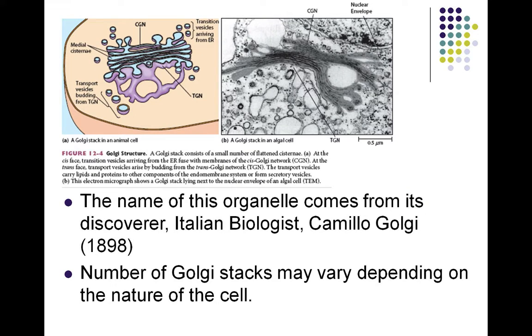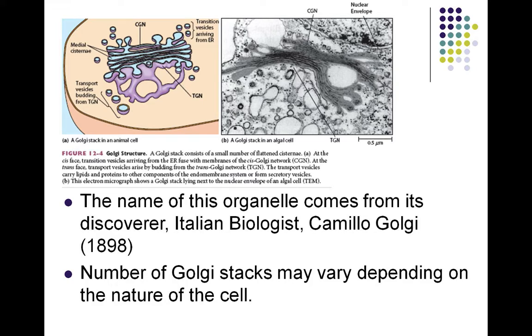The name is given in honor of the Italian biologist Camillo Golgi, 1898. So early 1900s was the time that the organelle was first observed. Further interest was poured into the study of this organelle.